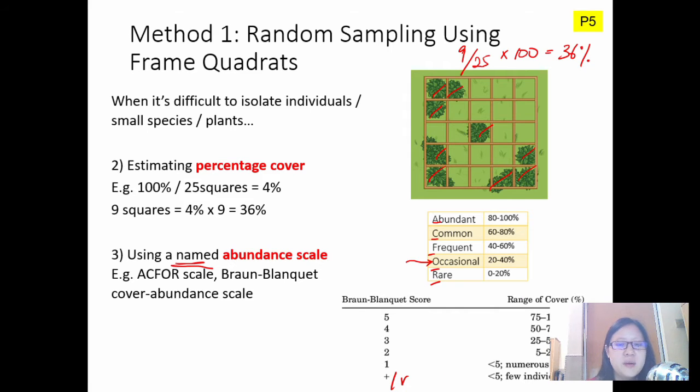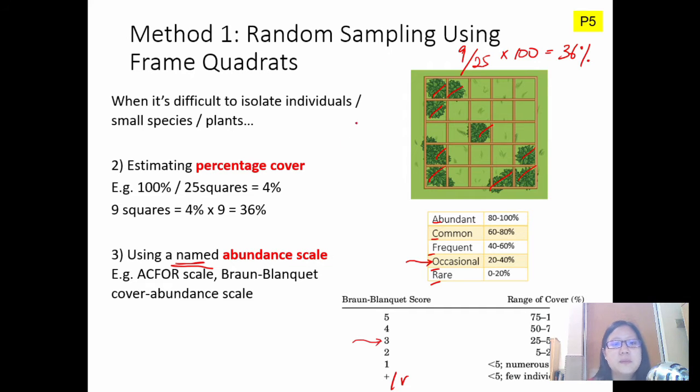R stands for rare plants. Plus is also very rare. Again, each of these scores has a range of cover. So again, instead of saying the coverage is around 20 to 30%, you say that, according to the Braun-Blanquet score, it is around the category of, say, 3. It's a Braun-Blanquet score of 3. So that's how you use the abundance scale.